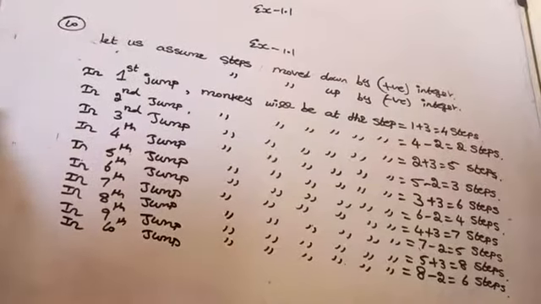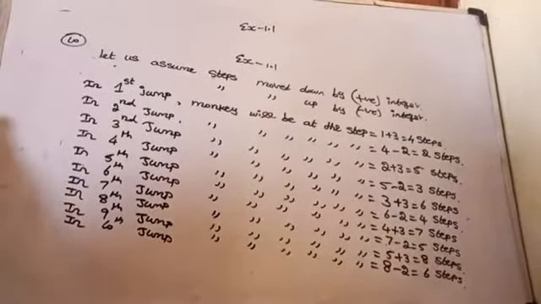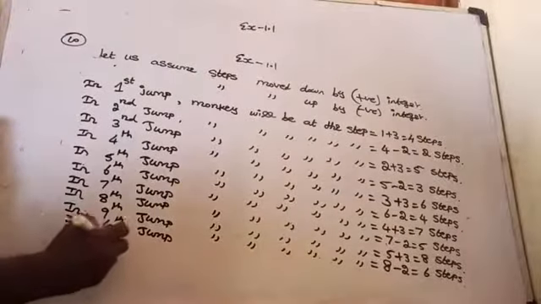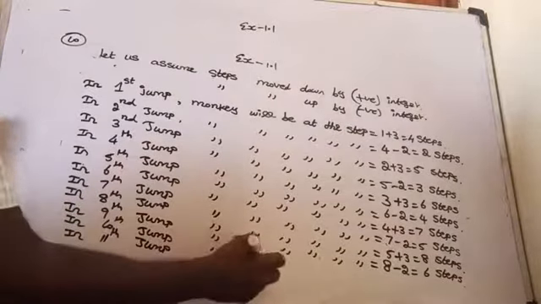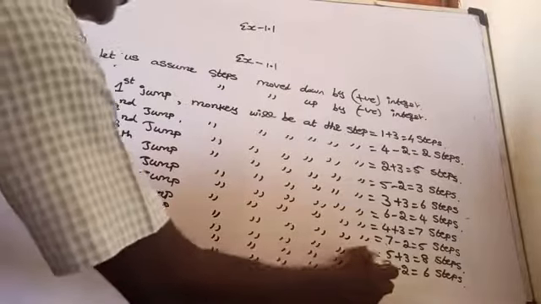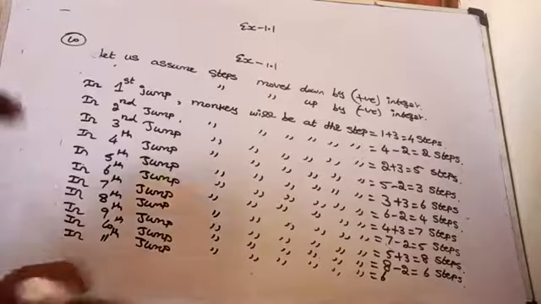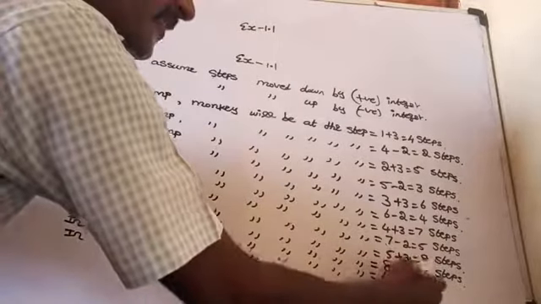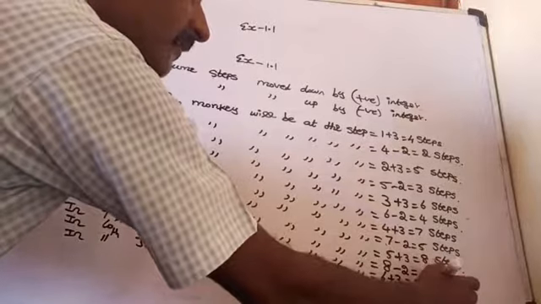Are you getting it, dear? Now, in the 11th jump, it is in the 6th step and moves down by 3 steps. So 6 plus 3, that is the 9th step. Now the monkey reached the water level.